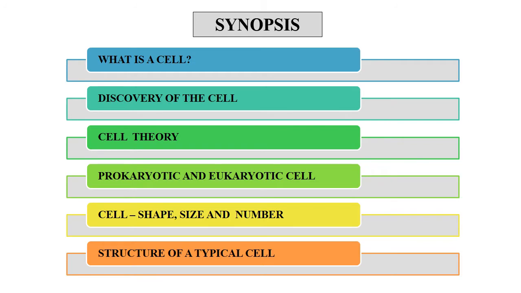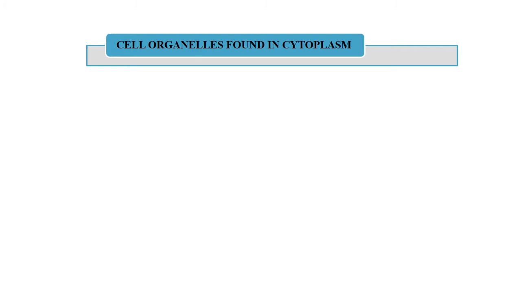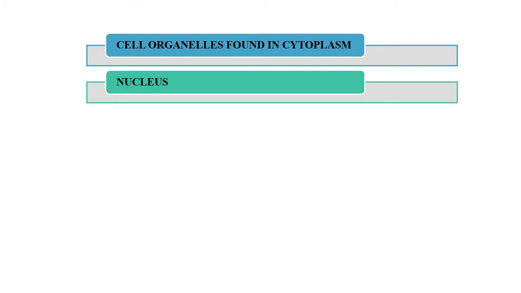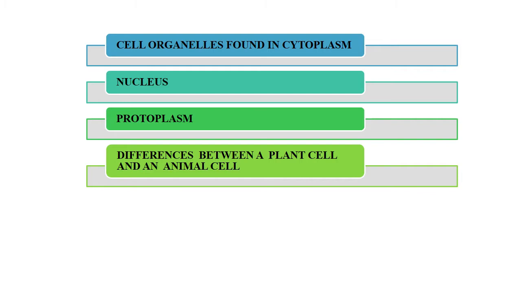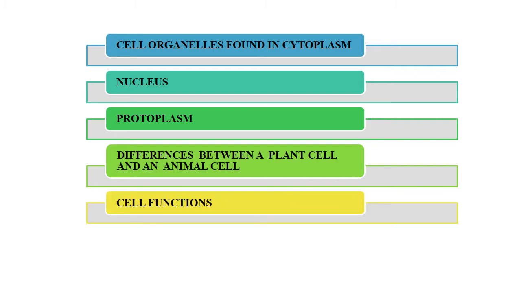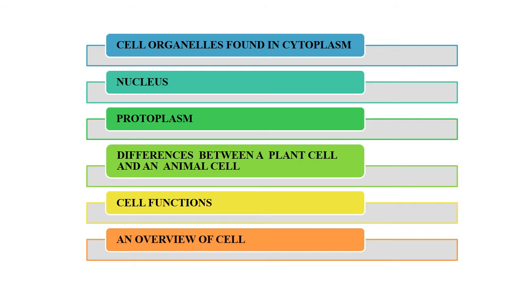The other subheadings are in the next slide. Cell organelles found in cytoplasm, nucleus, protoplasm, differences between a plant cell and an animal cell, cell functions, an overview of cell.